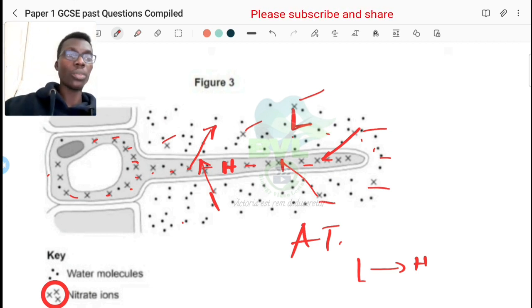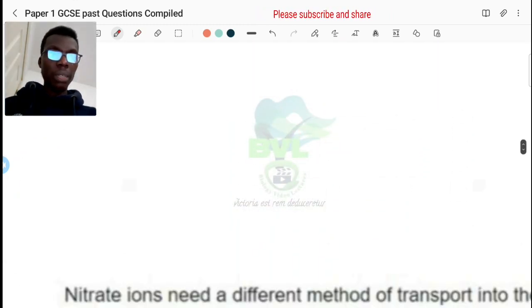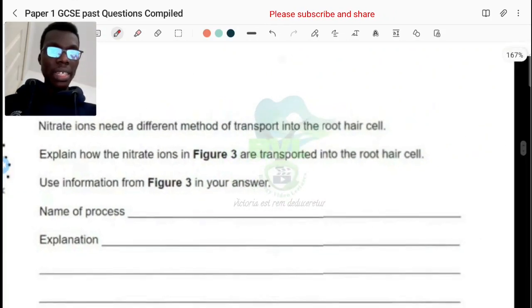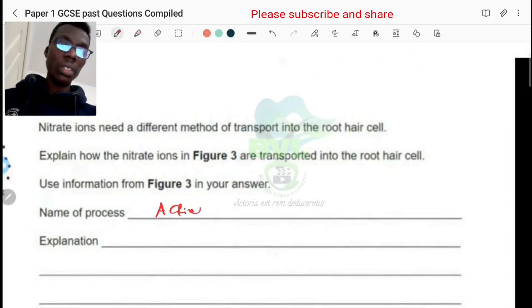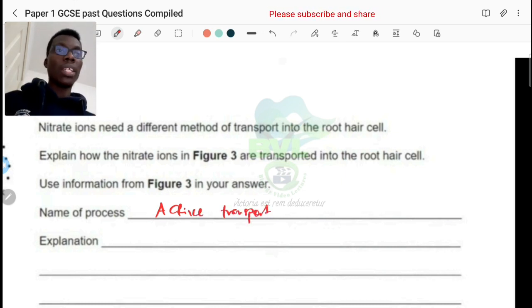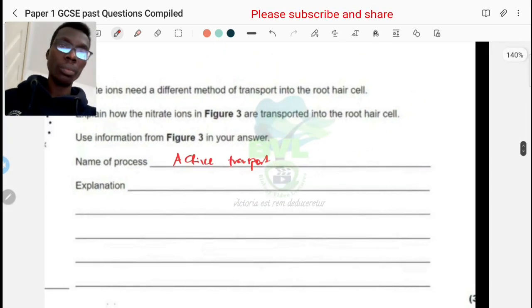So it's very important. Let's go back here and explain this. It says name the process. The process is active transport. For the explanation, it's a 3 marker, so we're going to give 2 points.